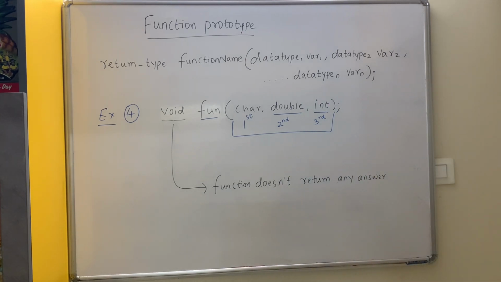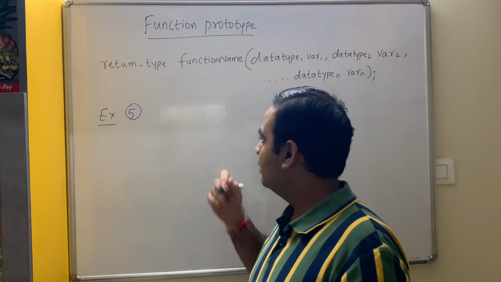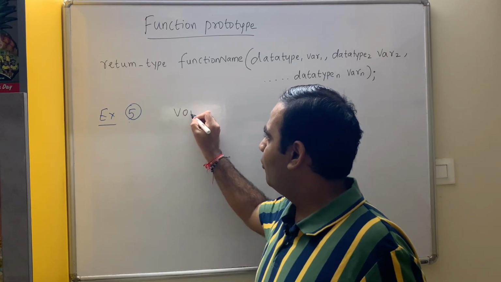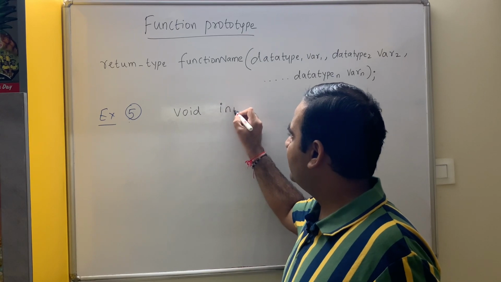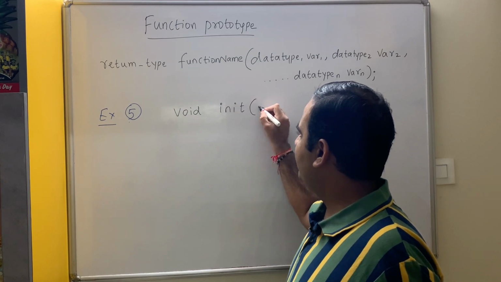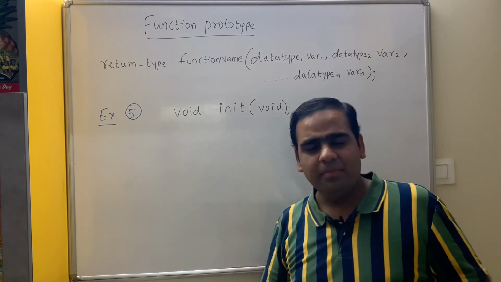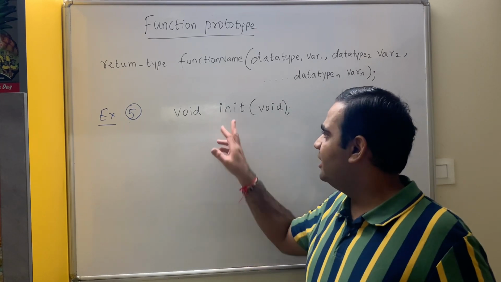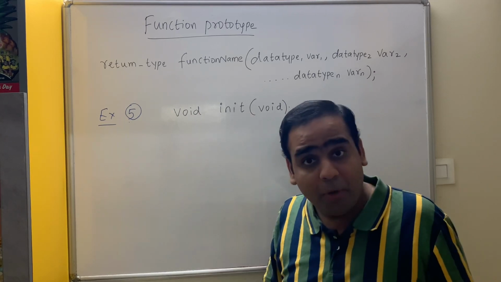Let us see the next example. Suppose I write void as the return type, function name is init, and here I write void. What does it mean? It says that init is a function which does not take any input.